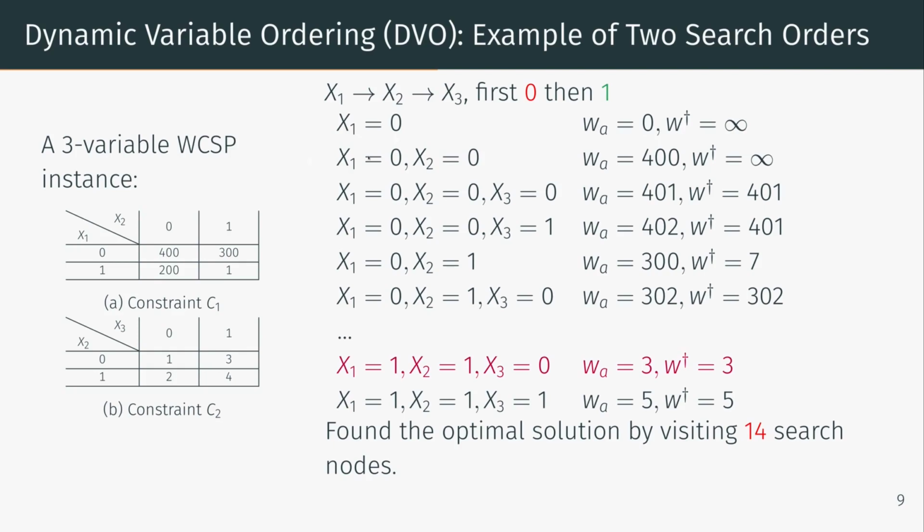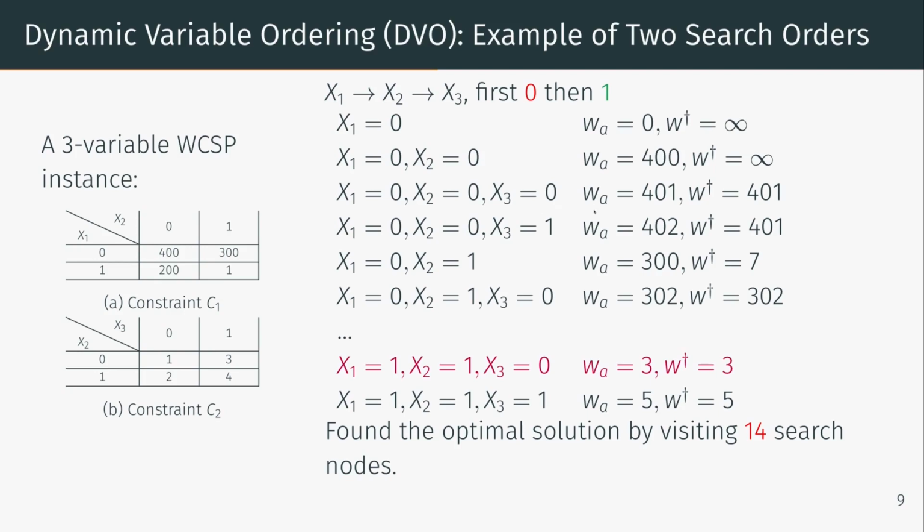Then we assign the next variable, x2 equals 0. Here we have 2 variables assigned, and there's 1 constraint between them. And we look at the table here, we have WA equals 400. And W dagger is still infinity because we still haven't reached a complete assignment yet. Then we do the next search step. We have x1 equals 0, x2 equals 0, and x3 equals 0.